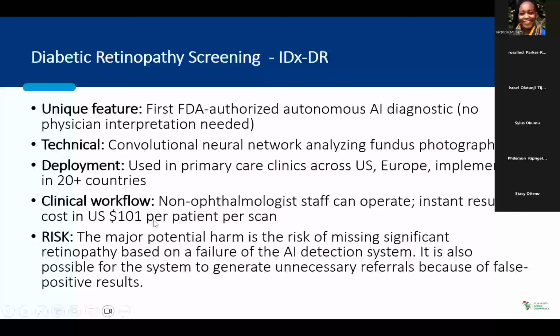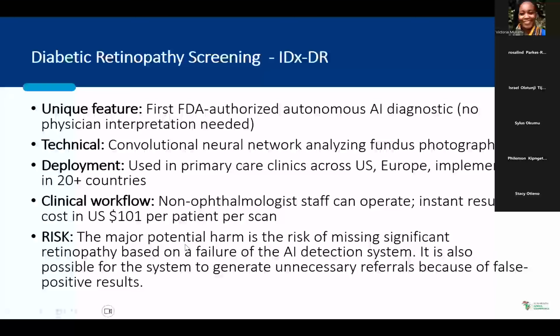In the US, it costs about $101 per scan, and the machine is about $15,000, and then you have to pay for the software as well. So right now it is out of the range of what we would have in low-income countries.